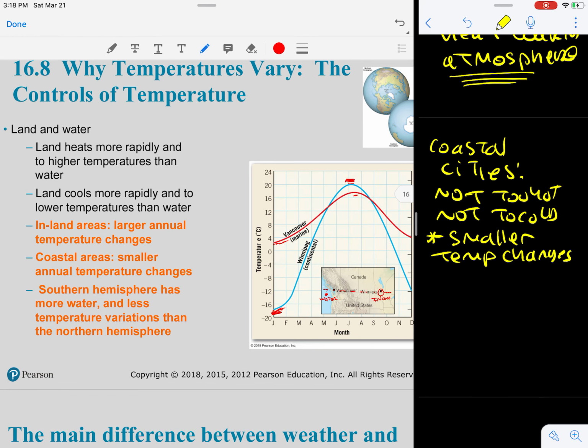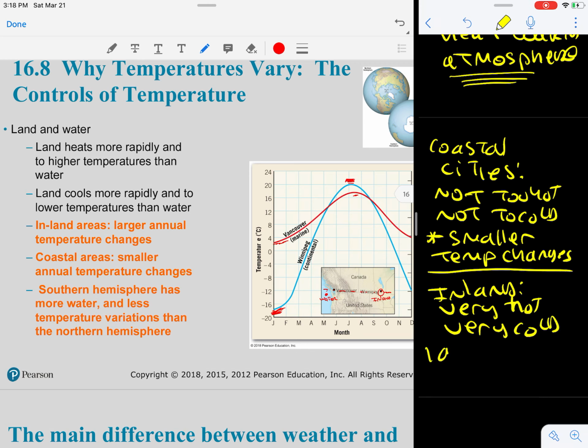And then if you live inland, it's the other way. You can go from very hot to very cold, and you have large temperature changes.